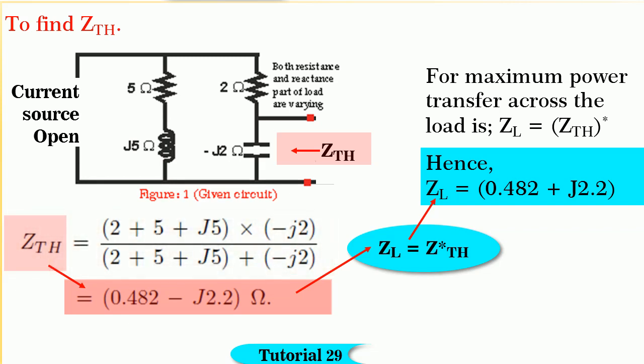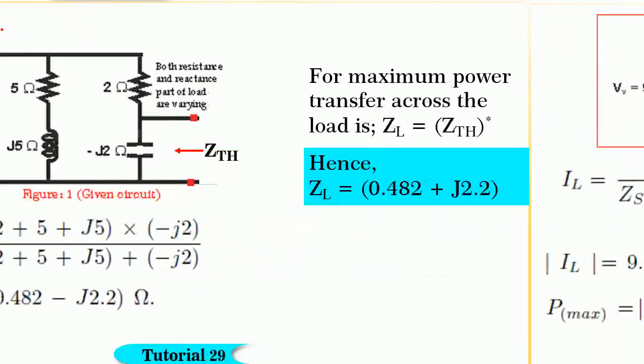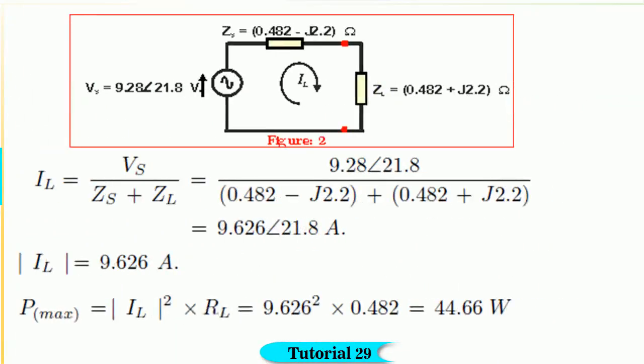By using VThevenin and ZThevenin, the Thevenin's equivalent circuit drawn is shown in figure. You find that Vs is equal to 9.28 angle 21.8 volts and Zs is equal to 0.482 minus J 2.2 ohm and ZL is equal to 0.482 plus J 2.2 ohm.